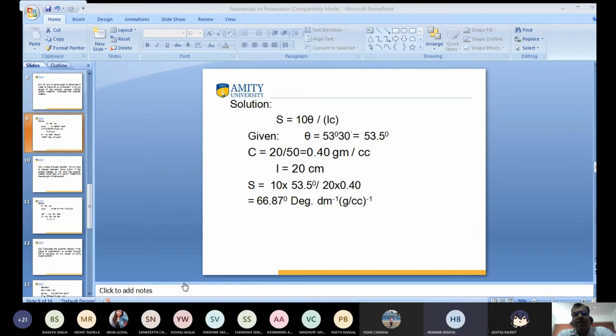Why are you making a calculation mistake? Kindly check your answer. Hiren Sani, can you tell me what the answer is? Sir, I am working it out. I did calculation mistakes, sir. Kusal Jain, can you tell me what the answer is? 66.2. You are making a mistake. Yes, sir, I will cross check once again.